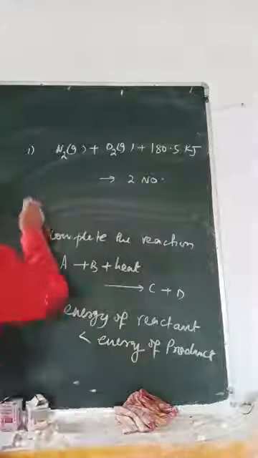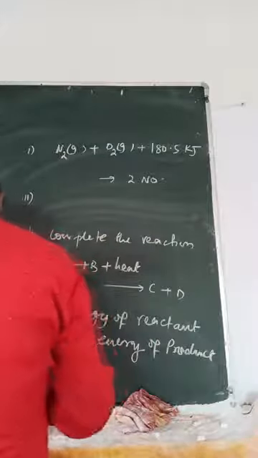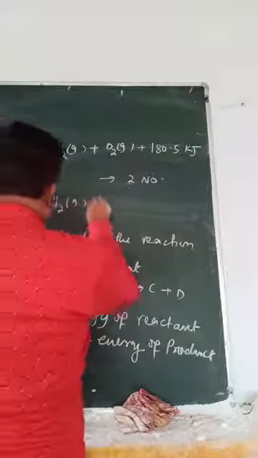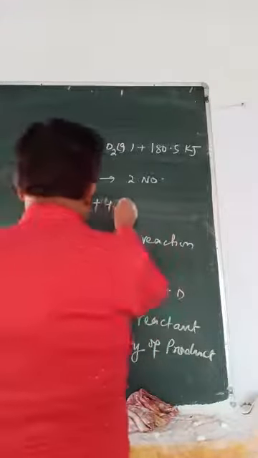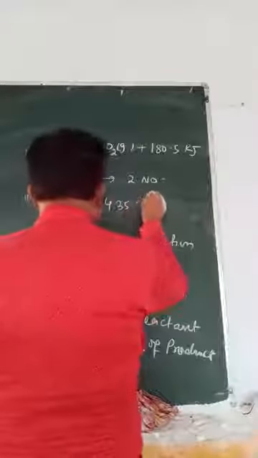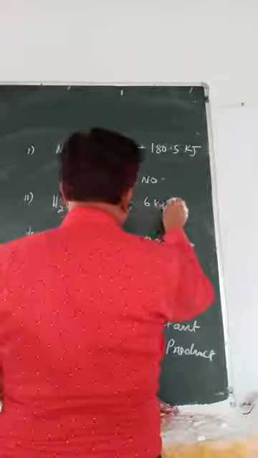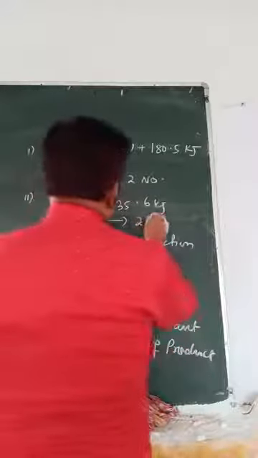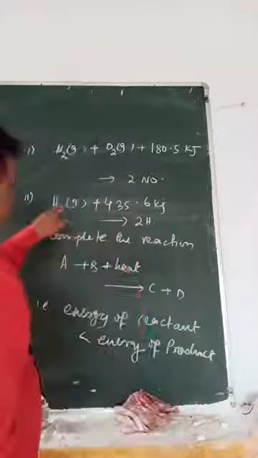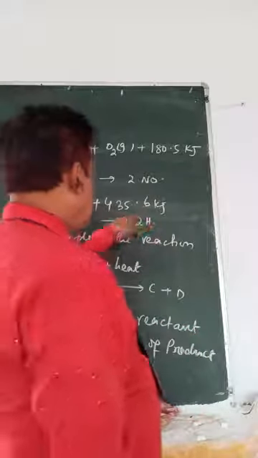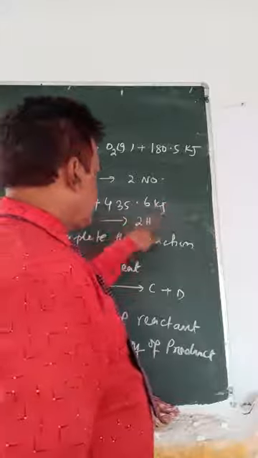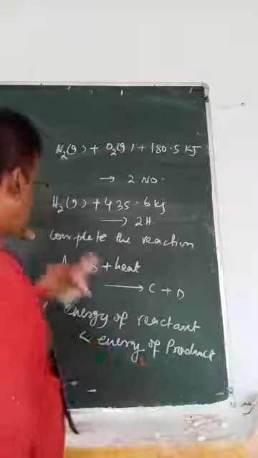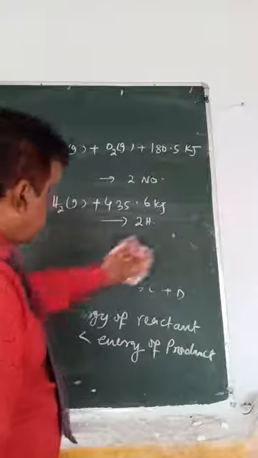You can take one more example. Hydrogen gas: if you give heat of 435.6 kilojoules of energy, the hydrogen molecule is broken, because hydrogen is always found in the molecular state. These are some examples.